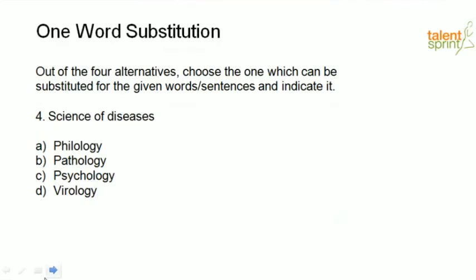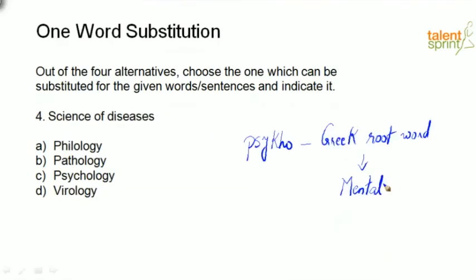It's a science that deals with mental processes and behavior. That's psychology. Psycho, that again comes from the Greek word, right? Psycho means mental. Yeah, so we're looking at this. So I can eliminate C, right? Because we're looking at signs of diseases.